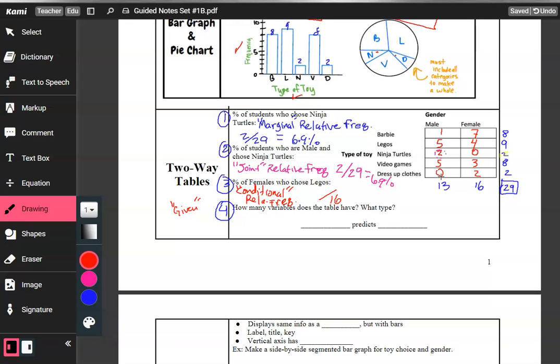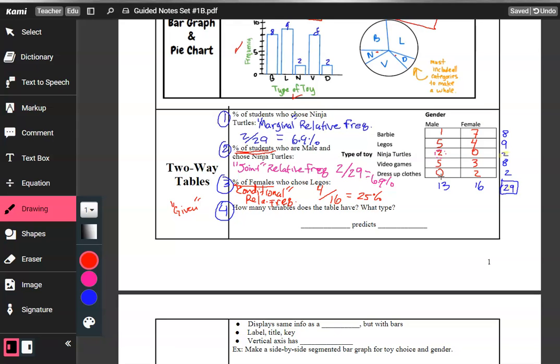On number 2, they said the percent of students who are male. So since it says percent of students, that's why we have 29. But on this one, it says percent of females, so that would be 16. 16 females. And I'm looking for the ones that chose Legos. That's 4. So 4 out of 16. That's about 25%.